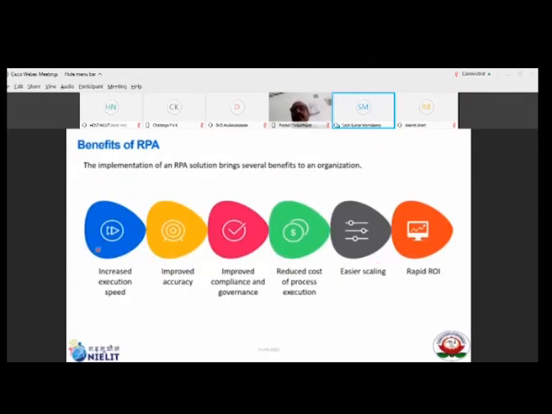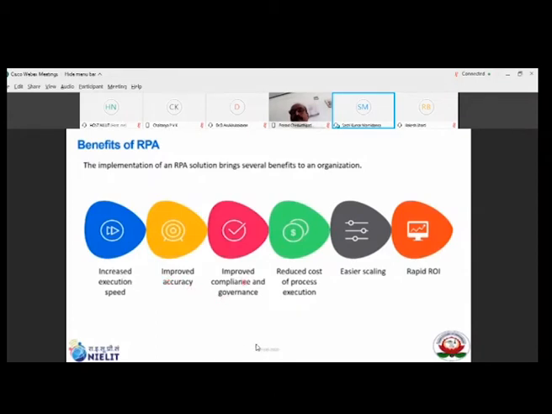So, the benefits. I think it's a little bit of theory, but we have to understand that it is really beneficial for us. It increases the execution speed because there are more programs than humans. It improves accuracy as well because the number of errors is going to be low unless we configure the bot to make mistakes.